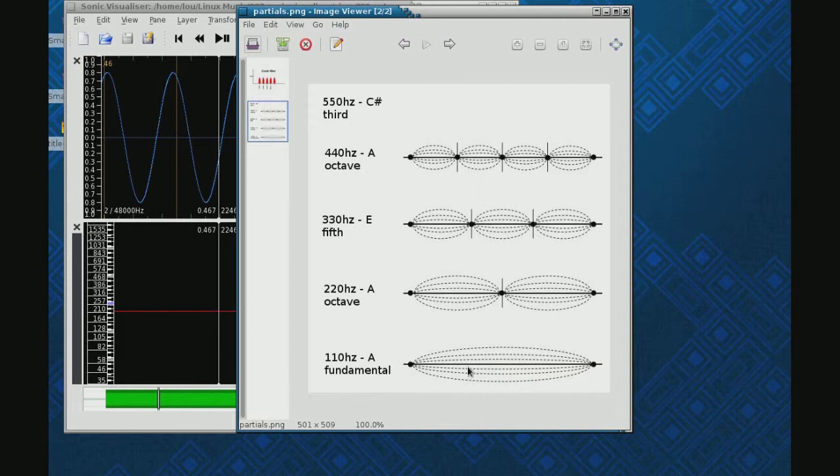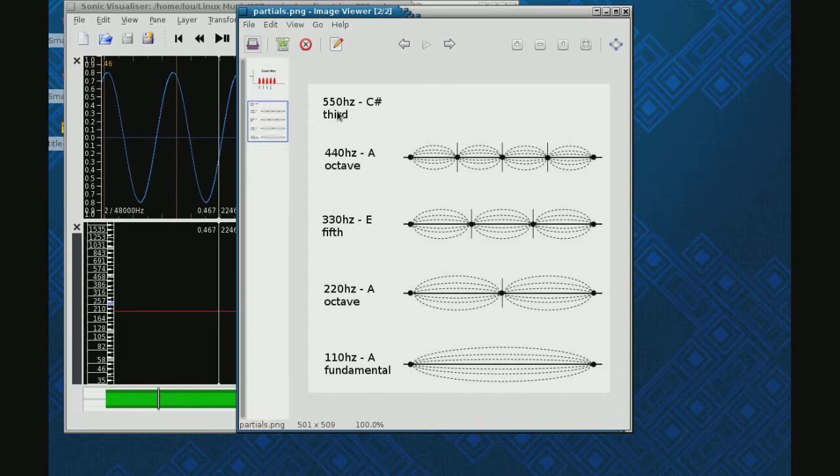Notice that 110 times 2 is an A note. Also, doubling a frequency is always an octave. And if I came up here, 330, as it turns out, is a fifth above an A. And 440, again, is a doubling of 220. That's an octave. 550, or 554, is a third.